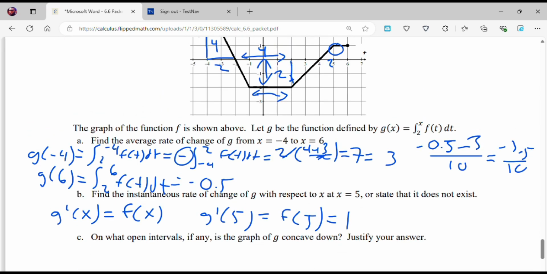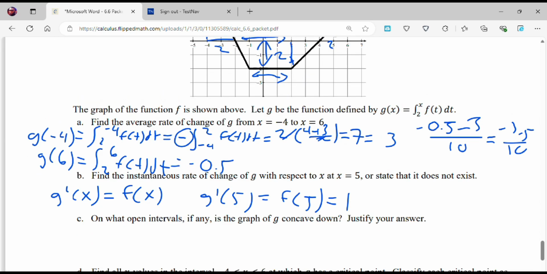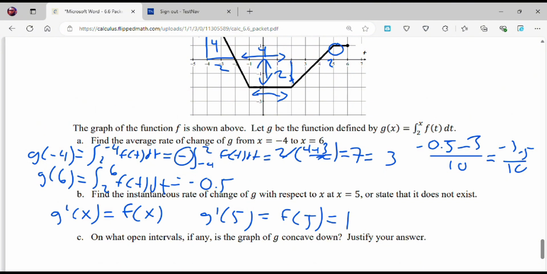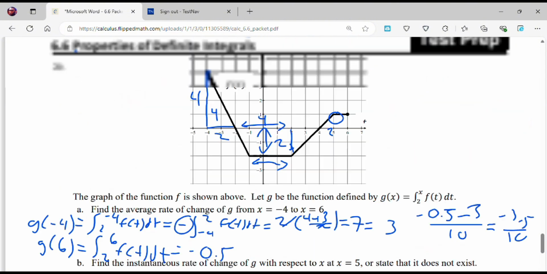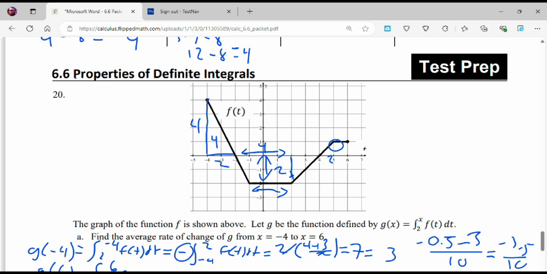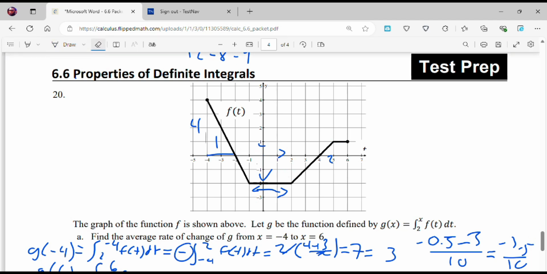On what intervals, if any, is the graph of g concave down? So g concave down means g double prime of x is less than 0. So we know g double prime of x equals f prime of x. So f prime of x is less than 0. So let's look at the slope. I'm going to erase all of this.